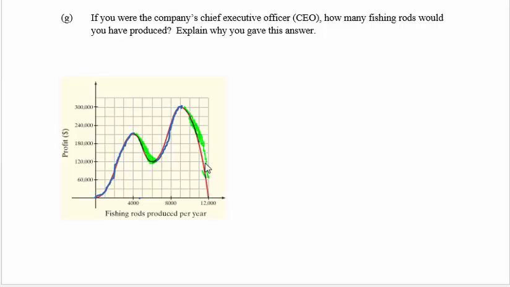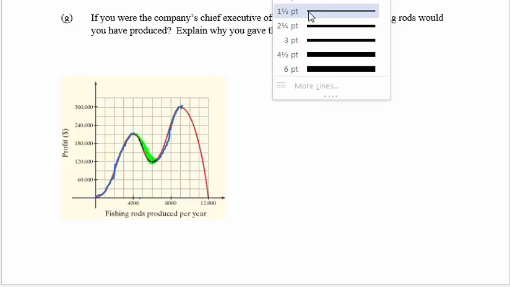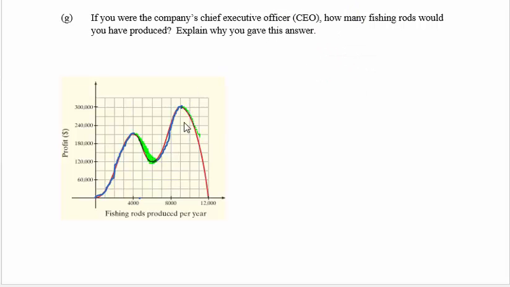Now let's find the intervals of decrease. So I'm shading those with green. The function is decreasing when it's going downhill. So I've now shaded in green the portion of the graph that's decreasing, where profit is decreasing.